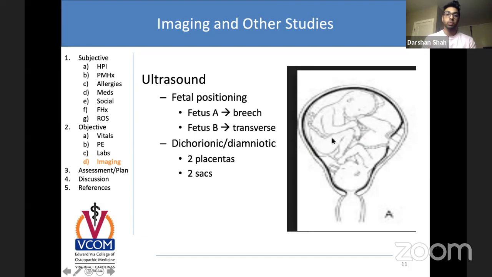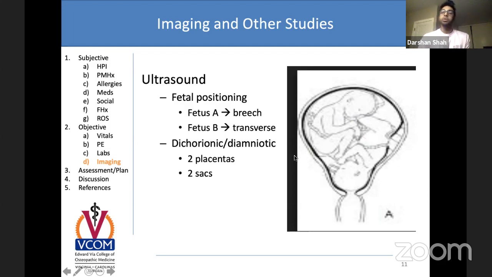What you normally want when you're pregnant is the head pointing towards the vagina so it can come out head first. Fetus A is breech, where the feet are pointing down. Fetus B is transverse, more parallel this way.